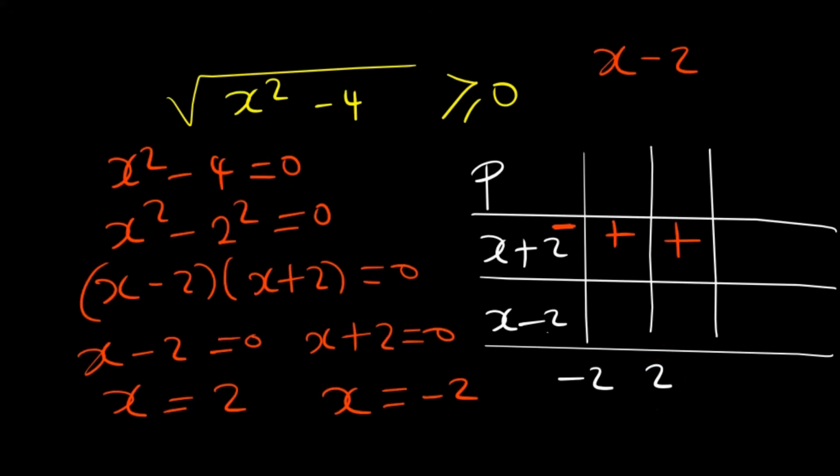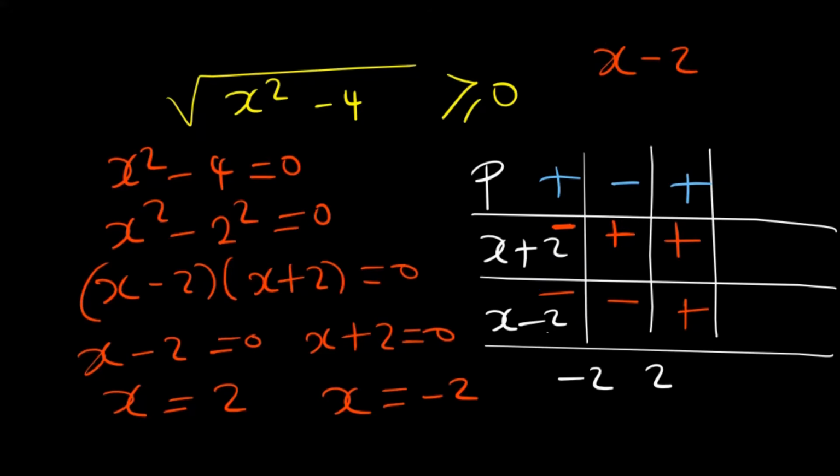We're going to have a negative number. If we get a number that is greater than 2, let's say 4, that will be a positive number. Then now we multiply the signs. Negative and negative, when we multiply them, the product is positive. Here it will be negative, here it will be positive.